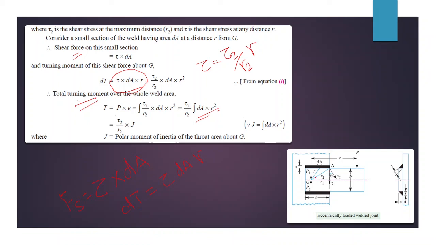Then the integral of dA into R square is equal to the polar moment of area, J. Then tau 2 by R2 into J is equal to this total torque.